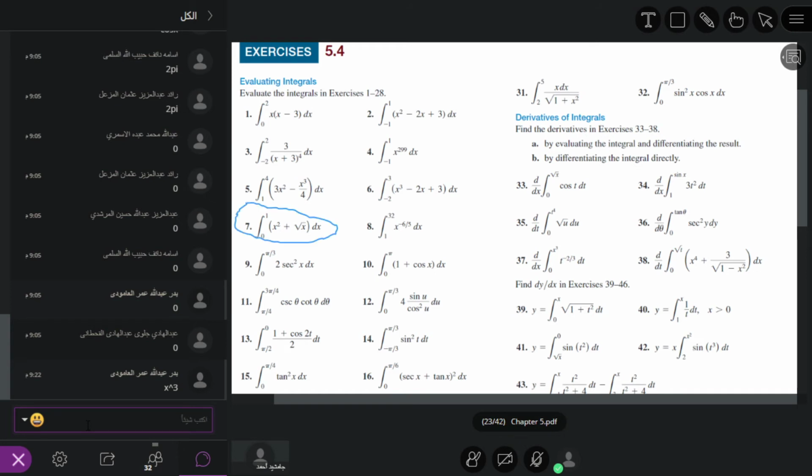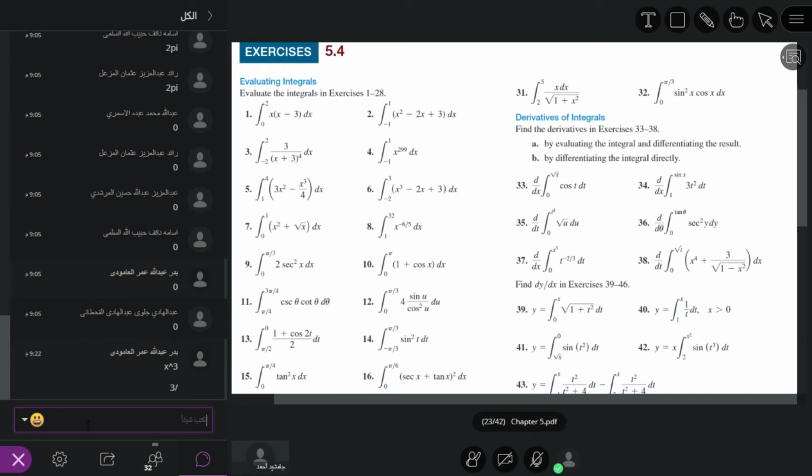We increase 1 in the power, divide by the whole power. So here x to the power 2 plus 1, which is 3, divided by 3. So this will be x to the power 3 divided by 3.